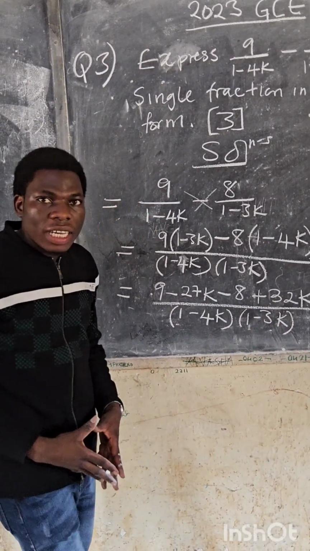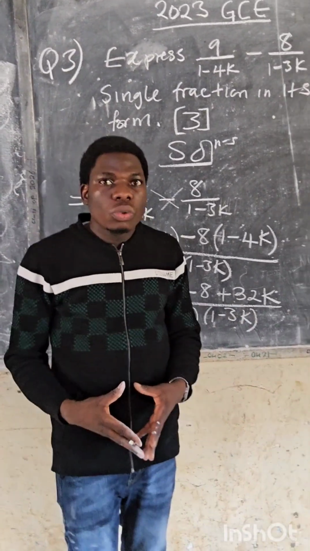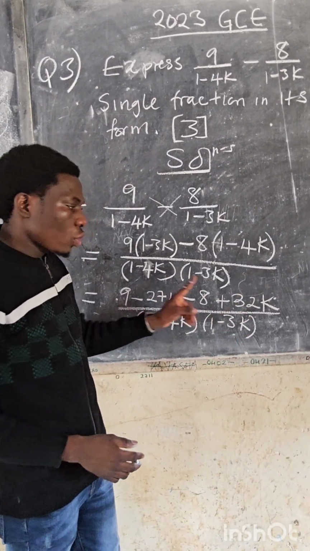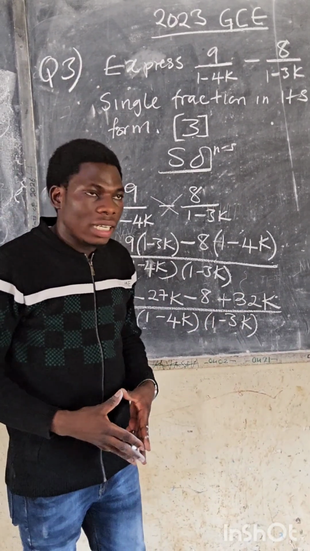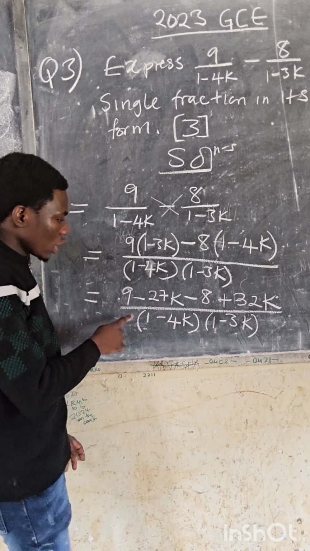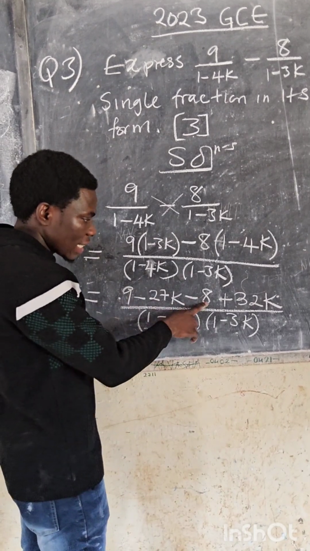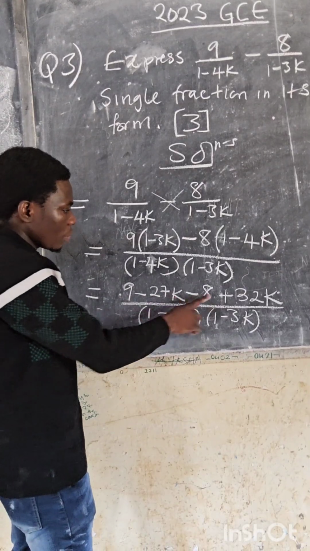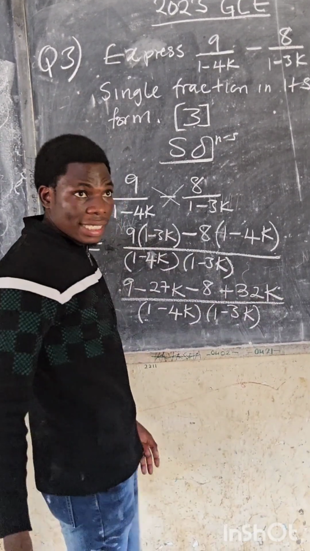Now, after you've done that, you simply add the like terms on the numerator. We have 9 minus negative 8, which are like terms, and negative 27k plus 32k, which are also like terms.